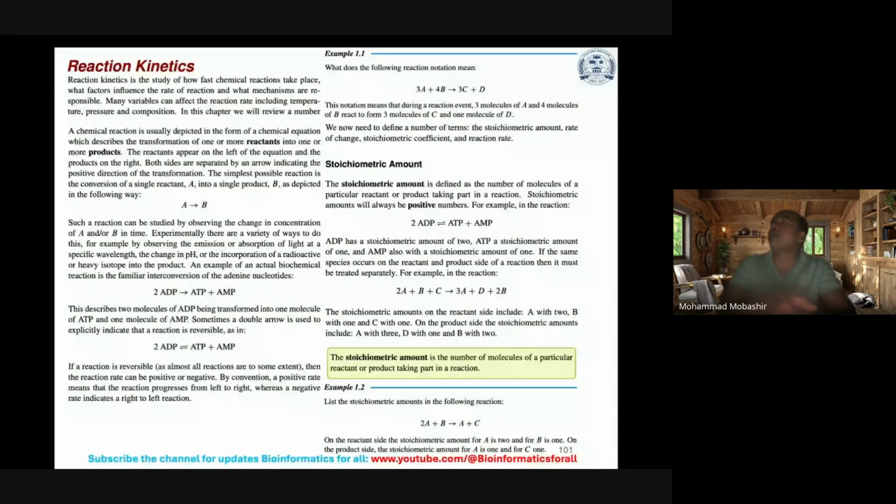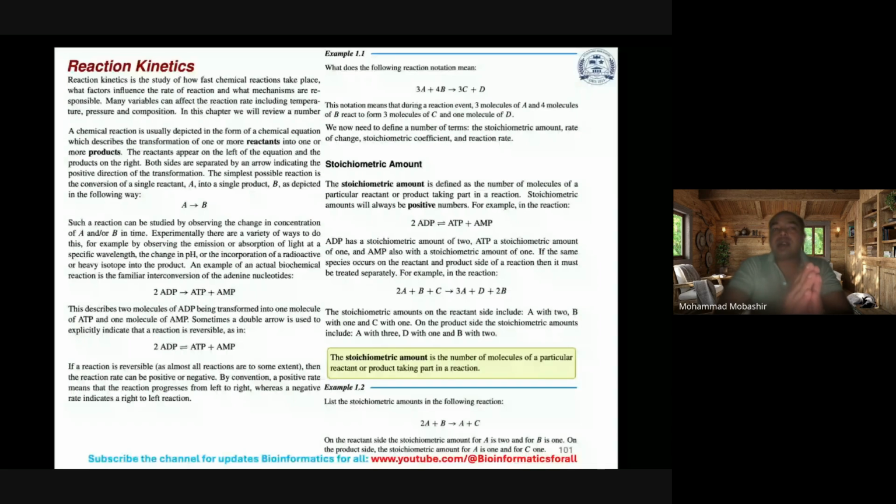So this figure A is another example to represent. You can also write signaling reactions or metabolic reactions in different ways depending on your choice. Now, it comes to kinetics or rate of reactions. Reaction kinetics is the study of how fast a chemical reaction could take place and what are the factors which could influence it.